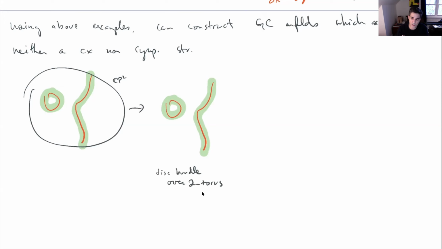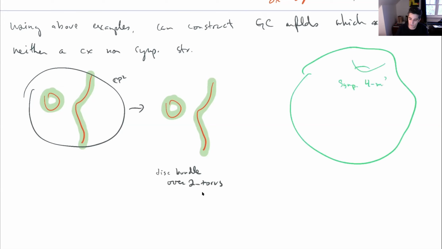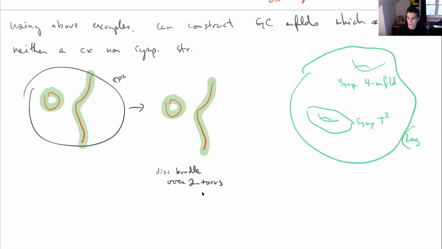Now what you do is you look for some interesting symplectic 4-manifold, and you look for a symplectic T2, or you can even do this with a Lagrangian T2. There's an alternate construction, and you try to find one that has its own tubular neighborhood.